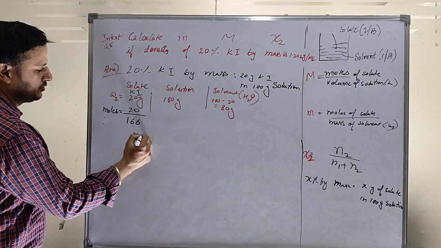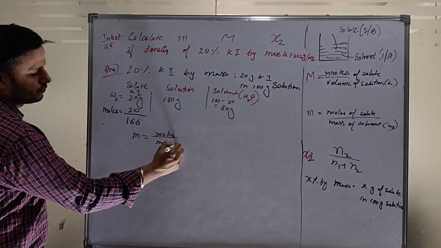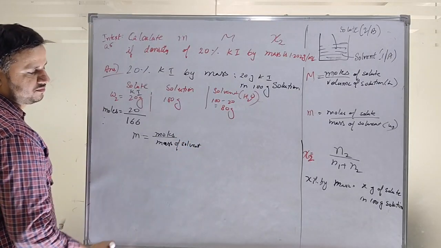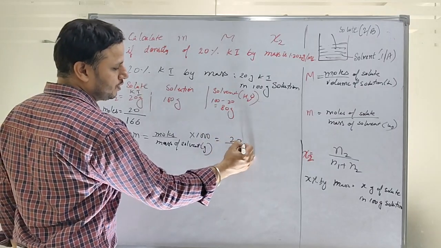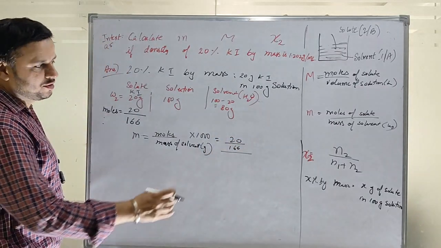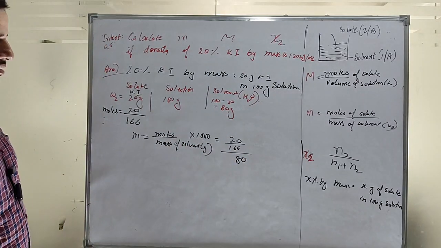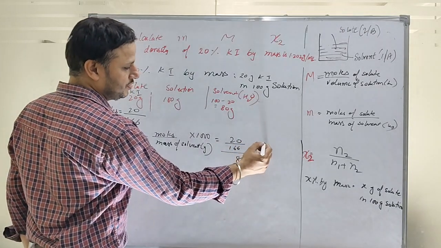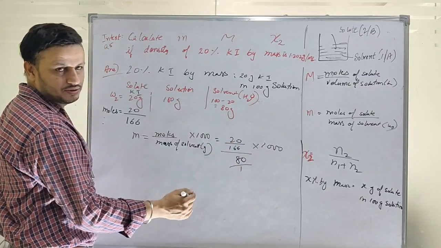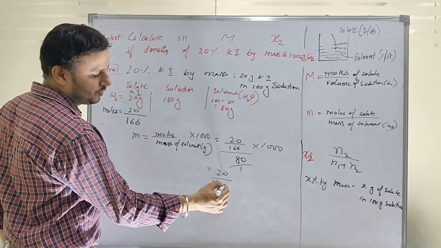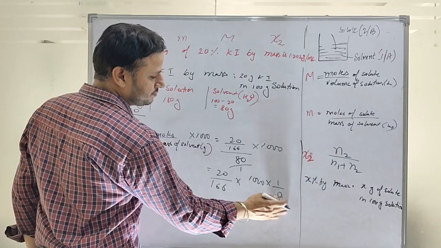So molality, small m, is moles of solute by mass of solvent. और अगर ये ग्राम में है तो इंटू 1000, तो मोल्स 20 by 166 and by mass of solvent 80 और इंटू 1000. फिर इस 80 के नीचे अगर हम 1 लगा देंगे तो इट विल कम इन रेसिप्रोकल, इट विल बिकम 20 by 166 इंटू 1000 इंटू 1 by 80.